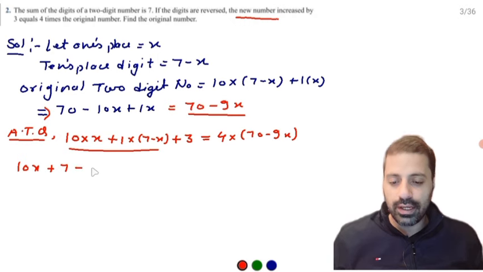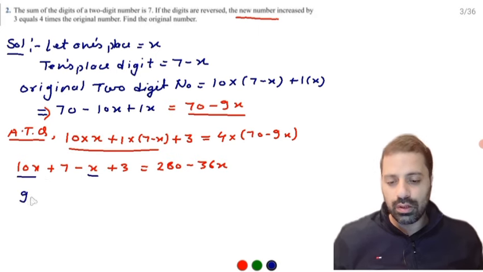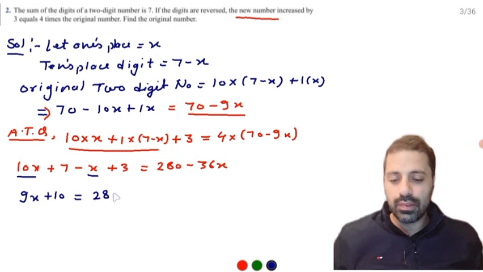So 10x plus 7 minus x plus 3 will equal 280 minus 36x after simplifying this. Now simplify more. We have on the left hand side 9x plus 10x, and on the right hand side we have 280 minus 36x.